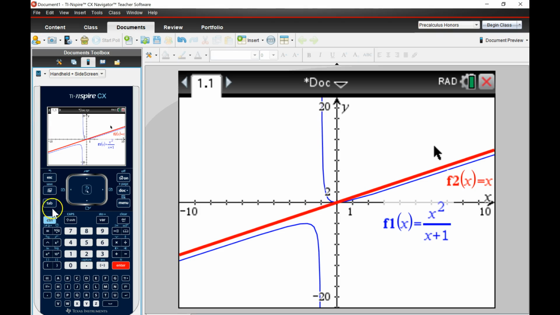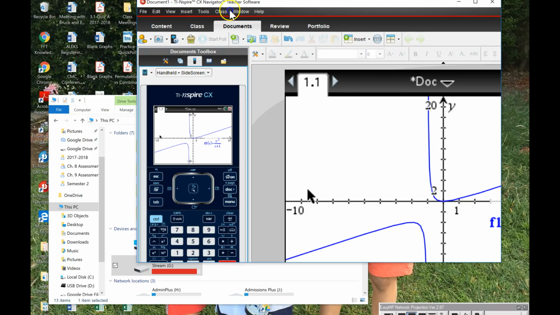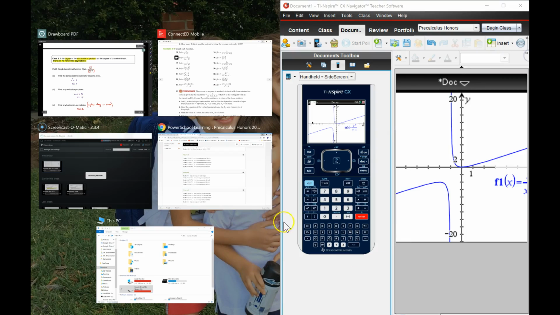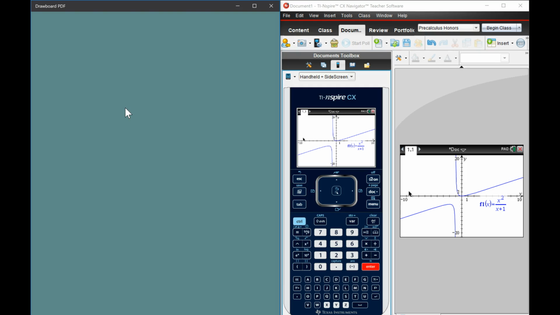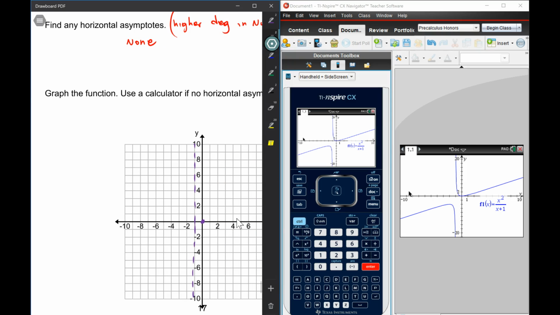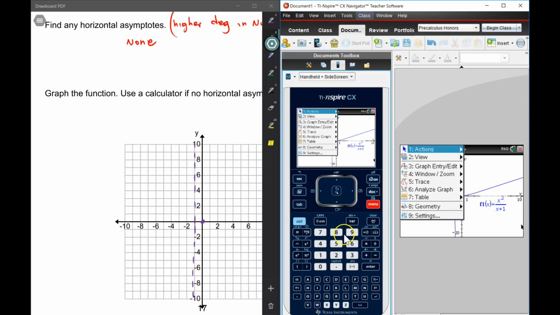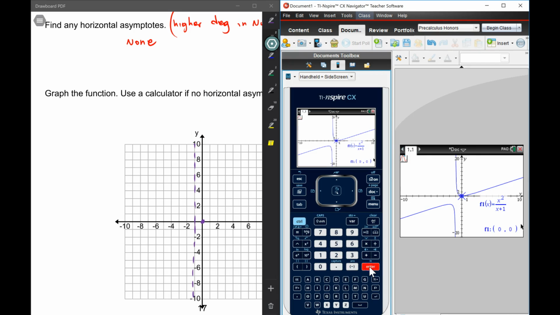Okay, now let's go to what it is that we need to do here. We need to graph that here. Okay, so how am I going to do that? The best thing for me is you could either go to the table or you could trace. I like tracing because I could put in what I want. So 5, graph trace is number 1.